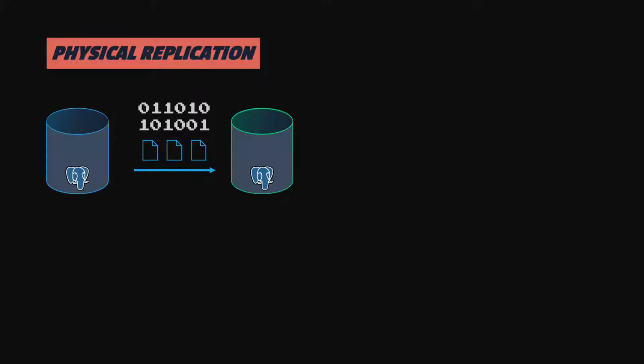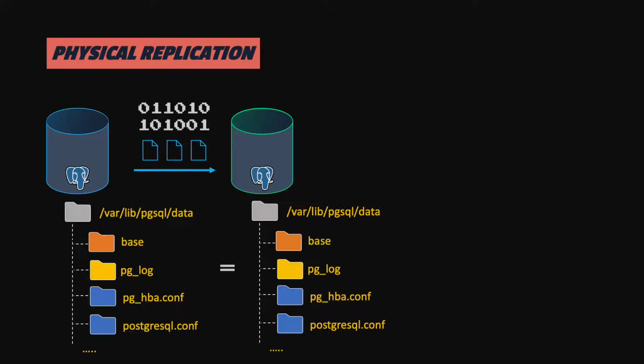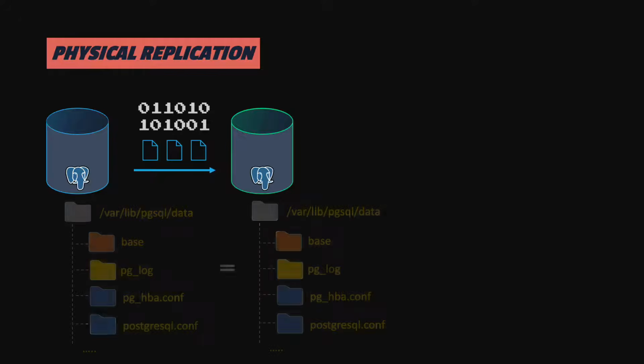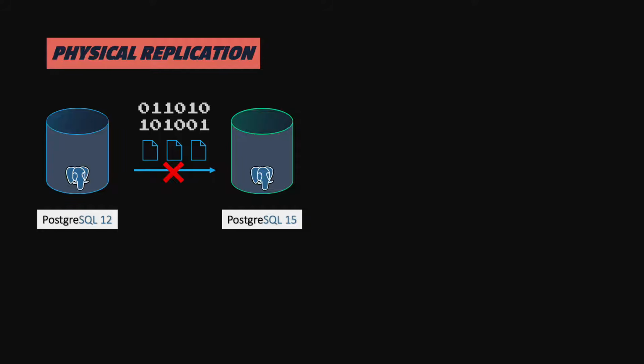Furthermore, physical data replication requires an identical configuration for the servers that are in sync. The data has to be placed at the same location on the file system. This means that we can't use this type of replication to make migrations since we can't use different versions of PostgreSQL for the master and the standby.